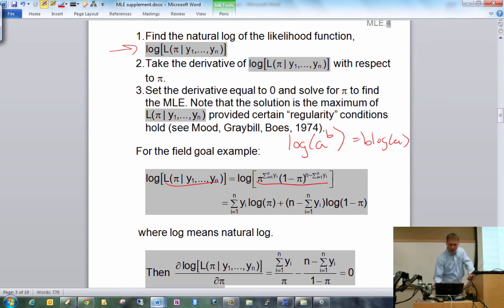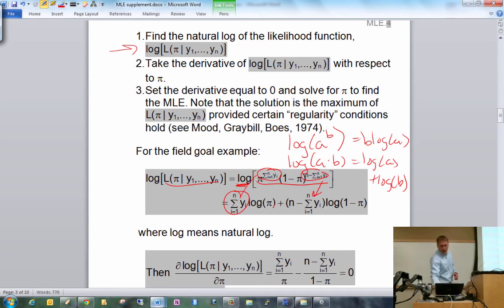Hopefully this sounds familiar. Also, the log of a times b is the log of a plus the log of b, all the stuff you learn in algebra or pre-algebra class. So with the logarithm, the stuff in the power essentially comes out.